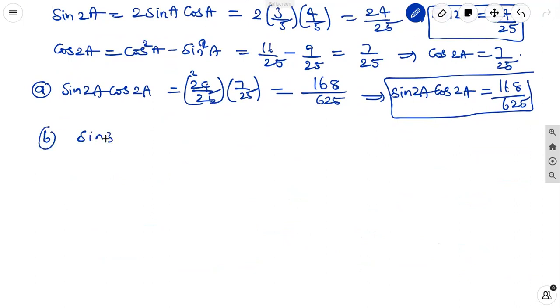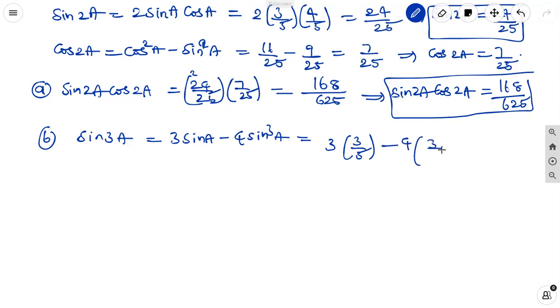sin 3A. Sin 3A equal to 3 sin A minus 4 sin cube A. 3 sin A value is 3 by 5 minus 4 sin cube A means 3 by 5 whole cube. It is equal to 3 3s are 9 by 5 minus 4 into 3 3s are 9, 9 3s are 27, 5 5s are 25, 25 5s are 125.